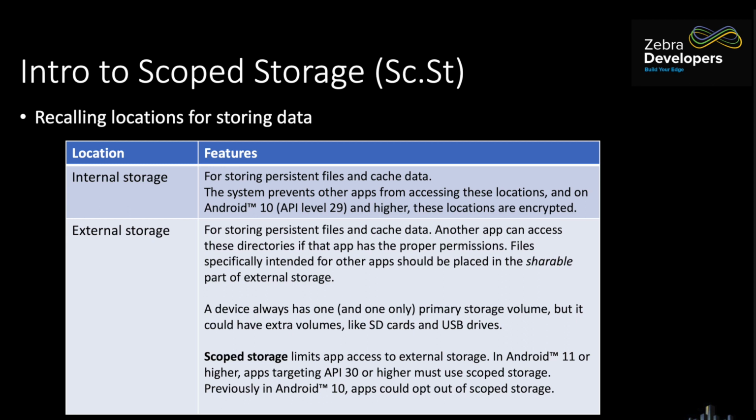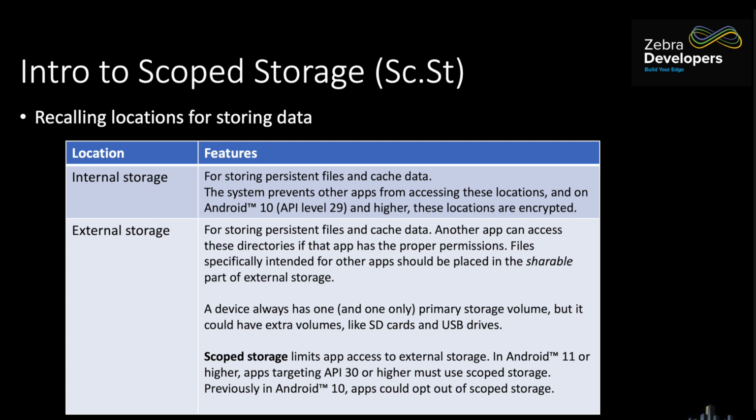But the internal storage is accessed just by the applications, and starting from Android 10 and higher, all the internal storage is also encrypted. The external storage, on the converse, is used to share data and store data in a way that it can be shared with other applications.